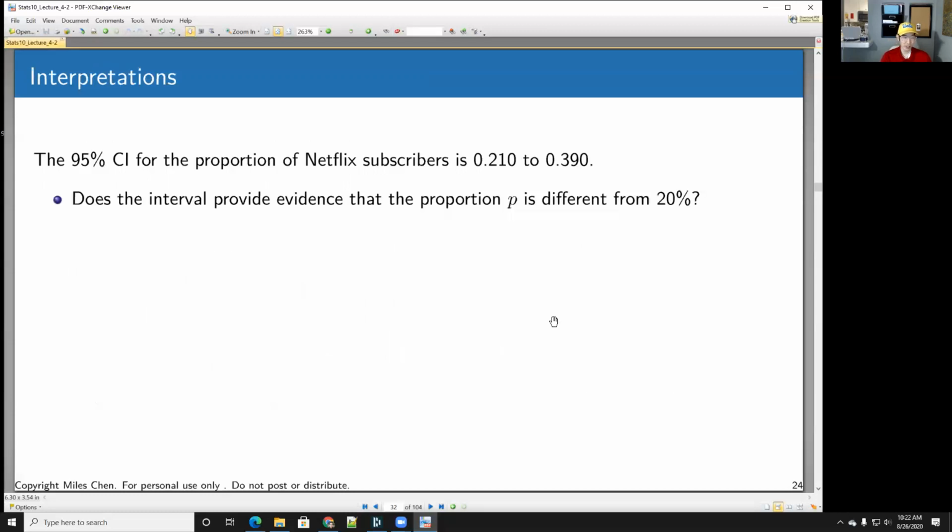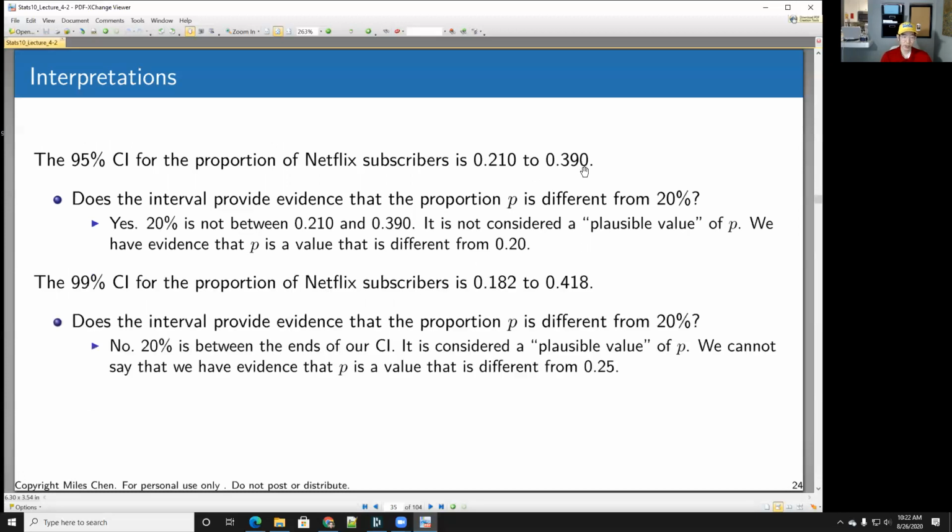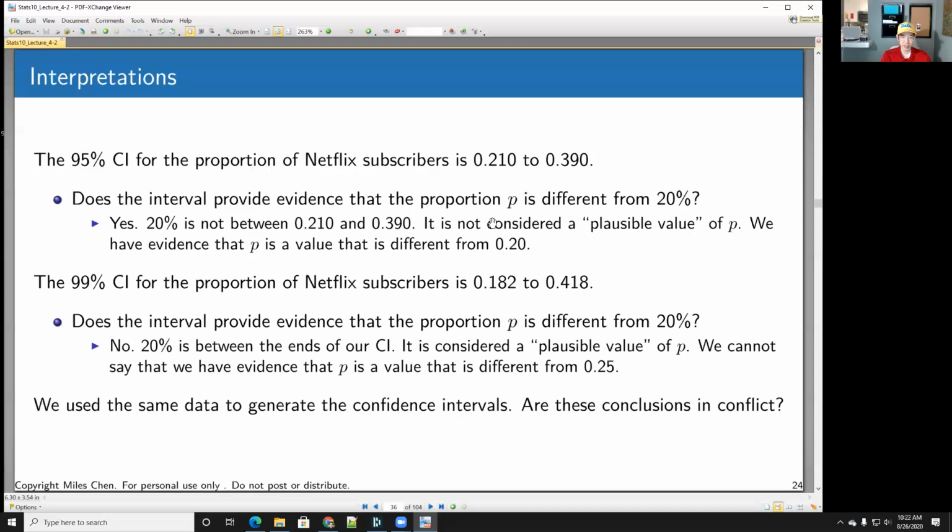With the 95% confidence interval, we have evidence that it's different from 20% because 20% is not inside the 95% confidence interval. Whereas with the 99% confidence interval, we don't have evidence that the proportion is different from 20%, okay?